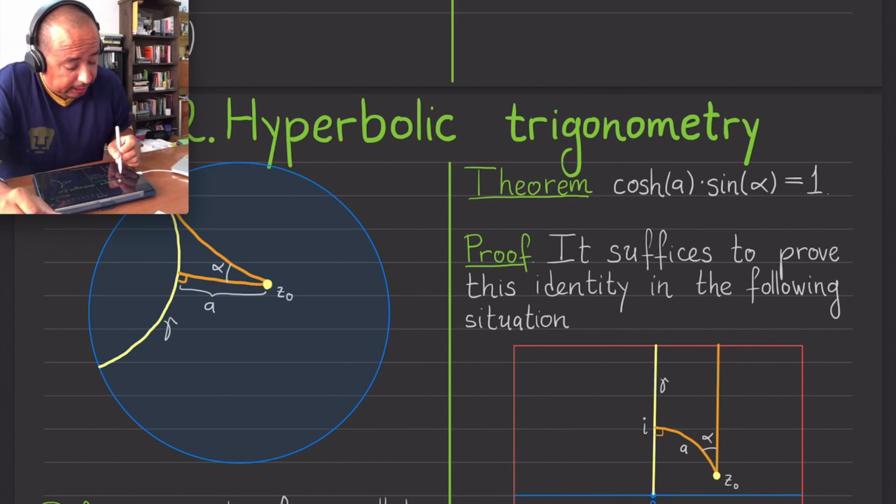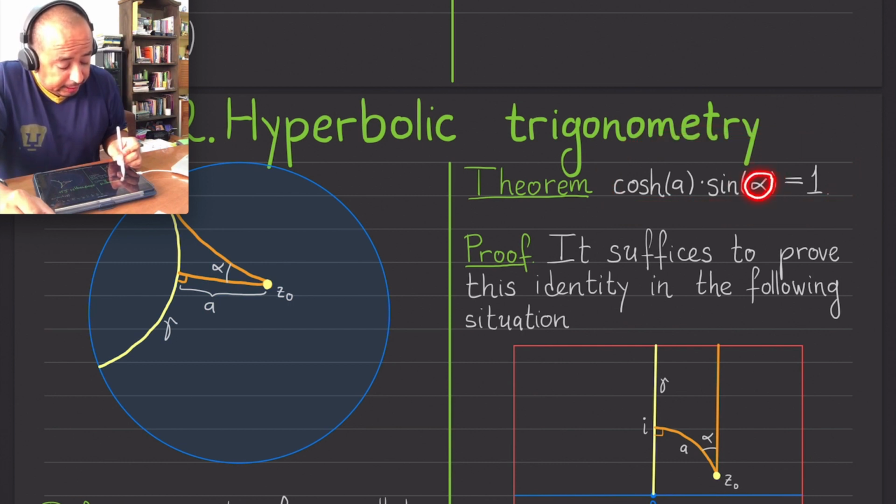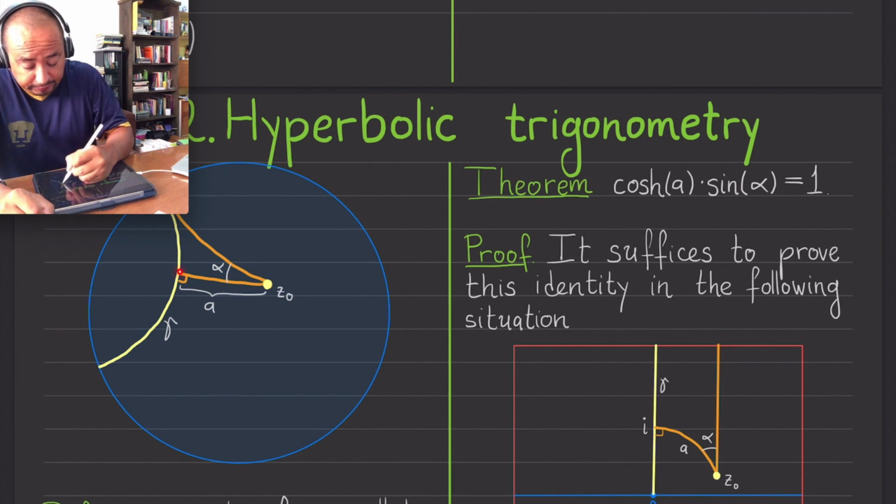So this theorem tells me you can solve for alpha as the arc sine of 1 over the hyperbolic cosine of A, and then see, for instance, that alpha is a differentiable function of this length.